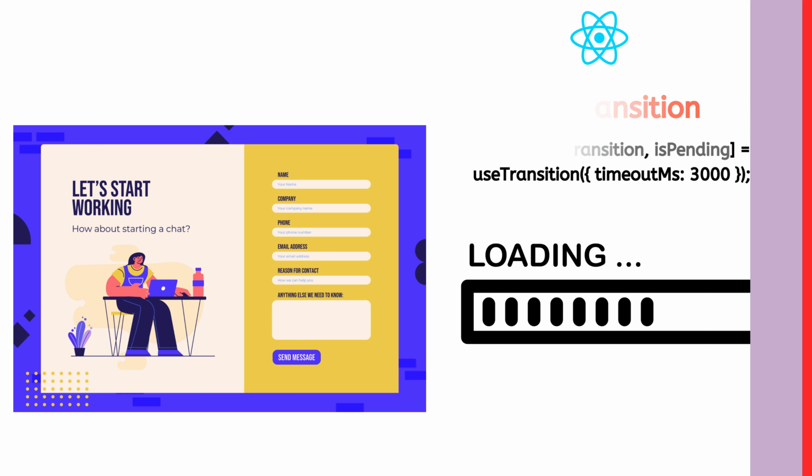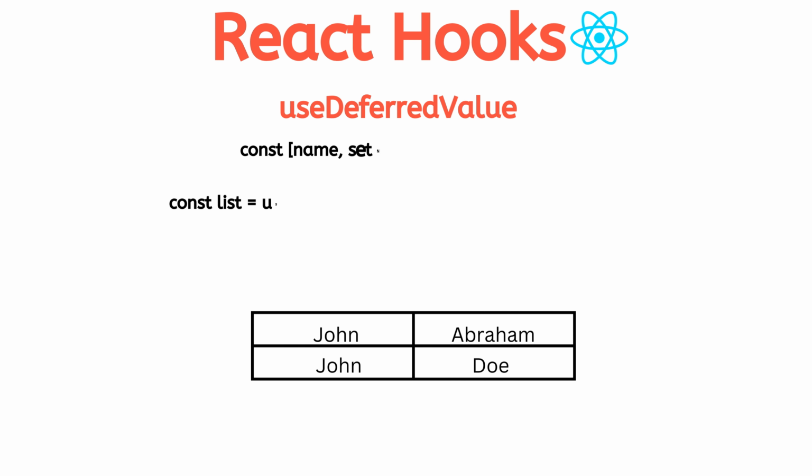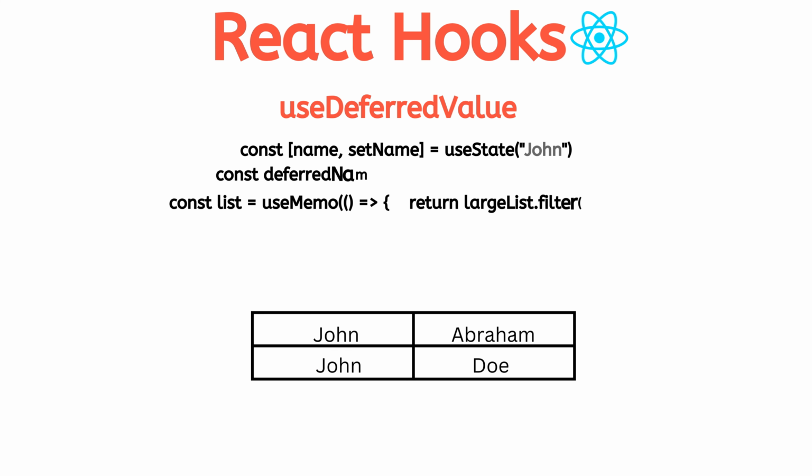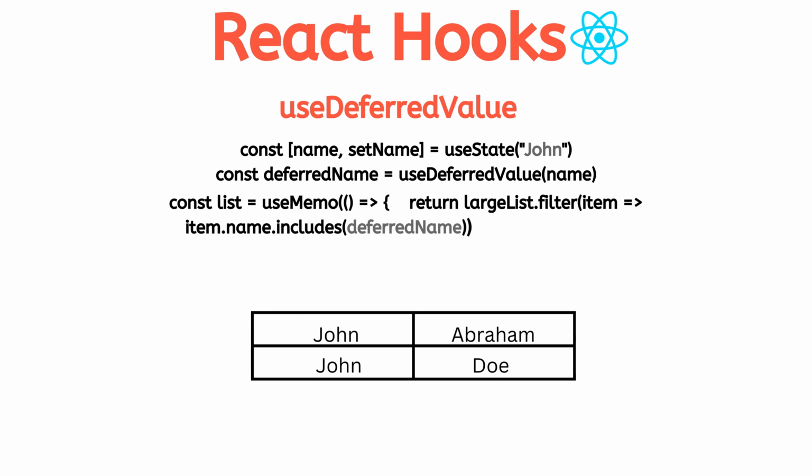So the next one is useDeferredValue. To use deferredValue, we need to use it along with useState. Suppose you consider this example: it has a useState of John, and we set that John value to deferredName. We have a large list from which we are filtering out the names based on the deferredName, which is John.